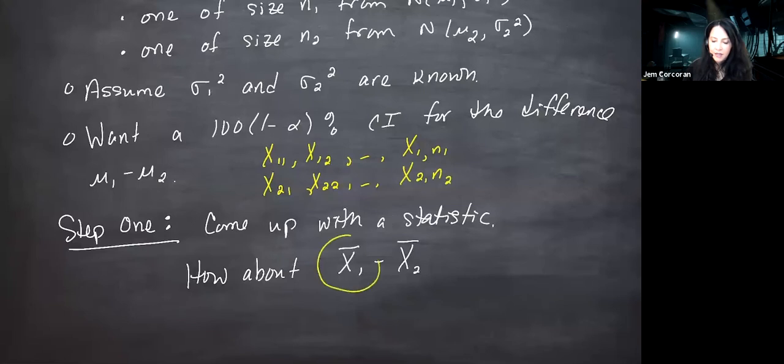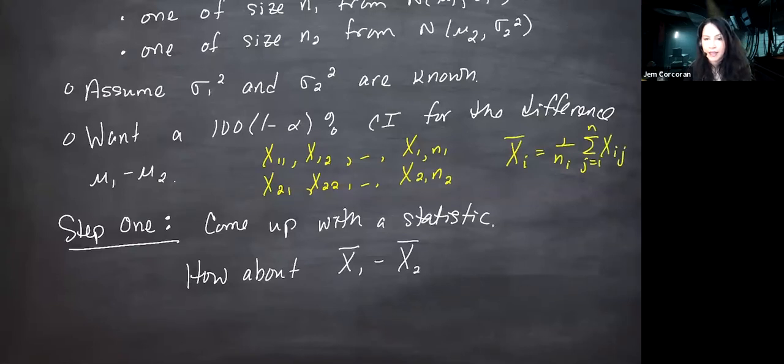And then this is going to be the mean of the first sample, so it's going to be 1 over n1 times the sum, and this one's going to be the mean of the second sample. But I just didn't want to explicitly write out the data like this. But again, if I did, then xi bar would be 1 over ni, the sum as j goes from 1 to ni of xij. And that is overkill for this problem.